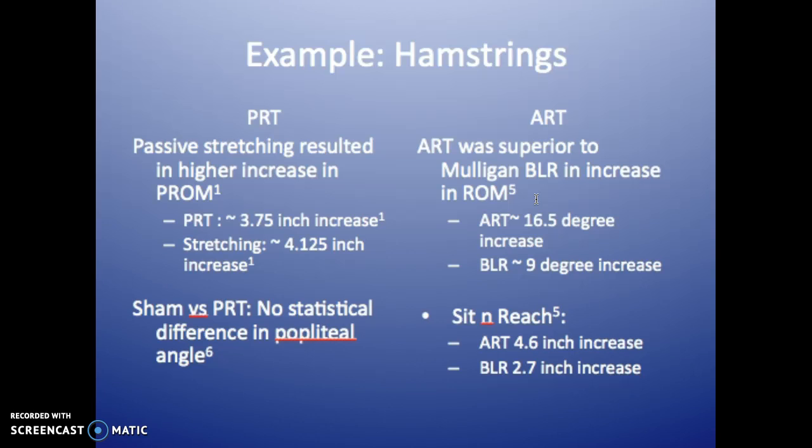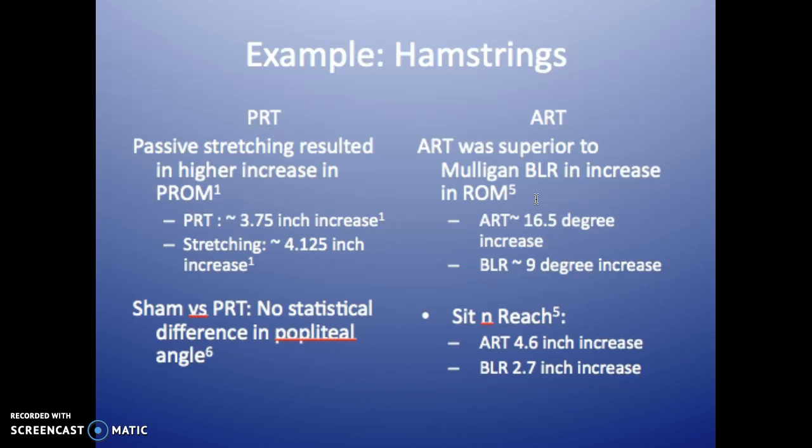That was a really cool thing, as you have about 16.5 degrees of increase with ART, and the bent leg raise was about 9 degrees of increase. So a pretty substantial increase when compared with just a Mulligan bent leg raise, which essentially is a bent knee stretch. And in the same study, they looked at sit and reach also, and ART had about 4.6 inches of increase, whereas the bent leg raise had 2.7 inches of increase.